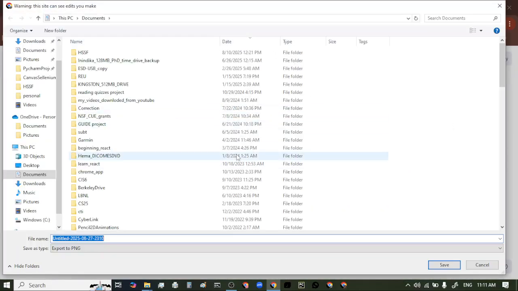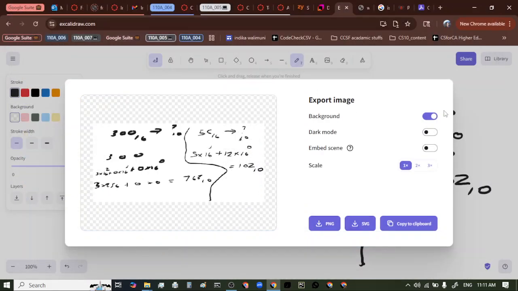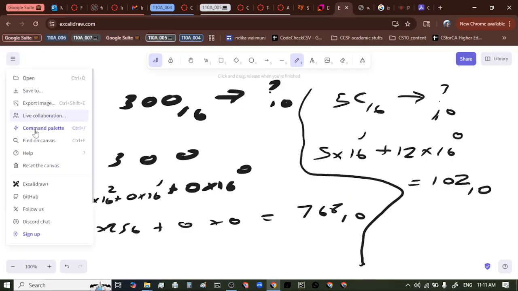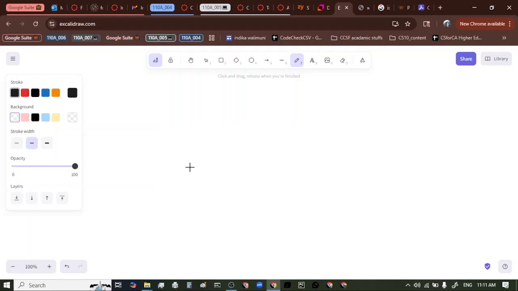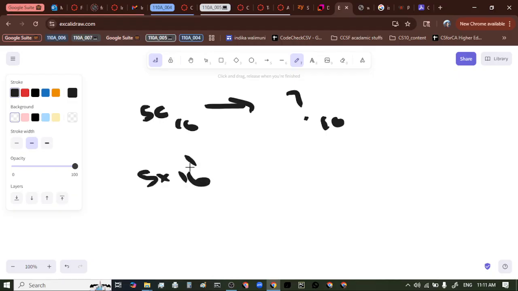So 5C from base 16 to base 10 is 5 times 16 to the 1 plus C, which is 12, times 16 to the 0.